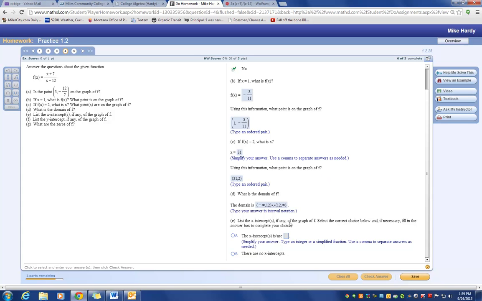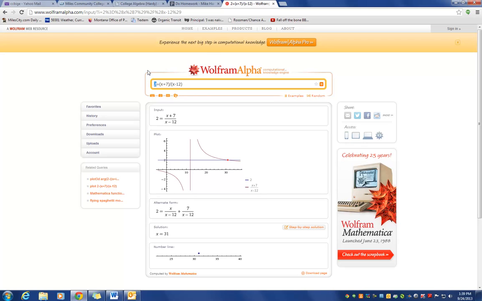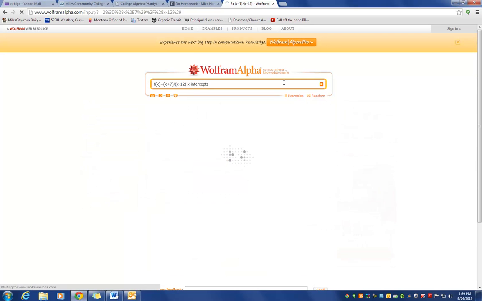Okay, part E. List the x-intercepts, if any, of the graph of f. And this may be where you were getting at, where you're trying to find out your zoom function on the calculator. And I'd say let's just stick with Wolfram Alpha. And we're going to go back to f of x. And I'm going to type x-intercepts and see if that produces what we want.